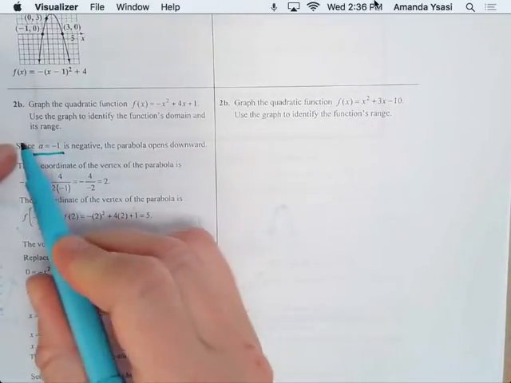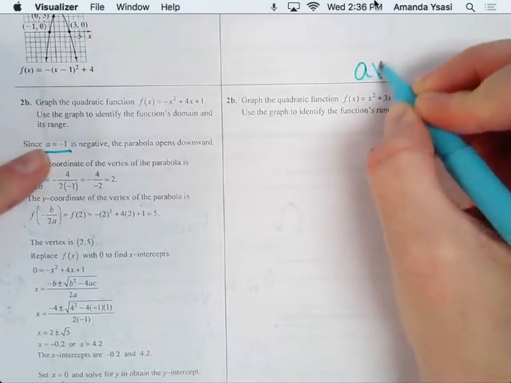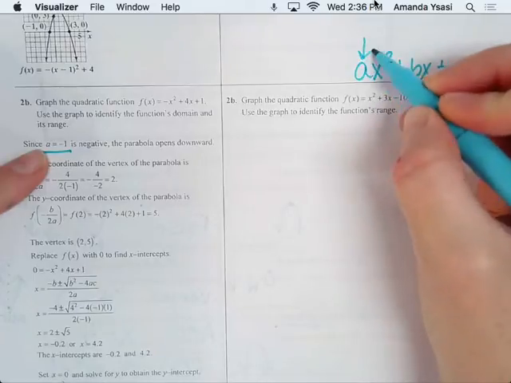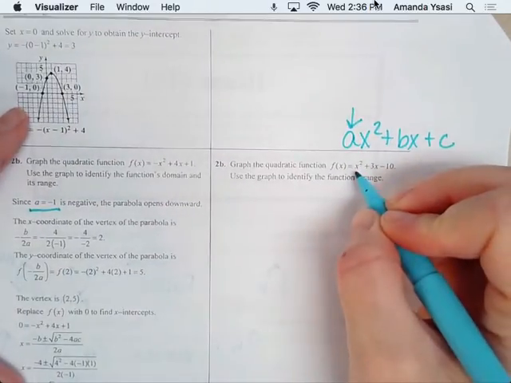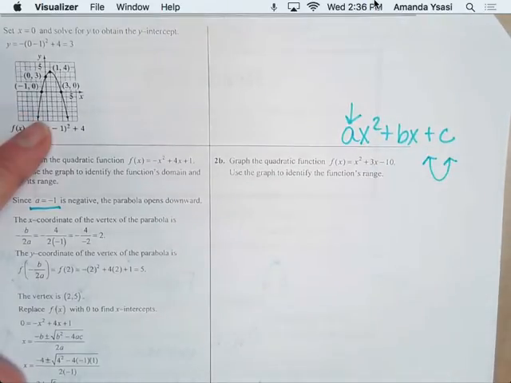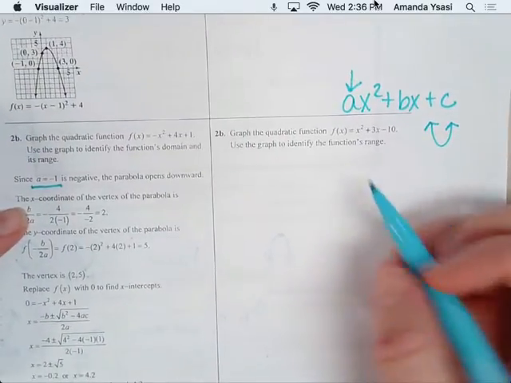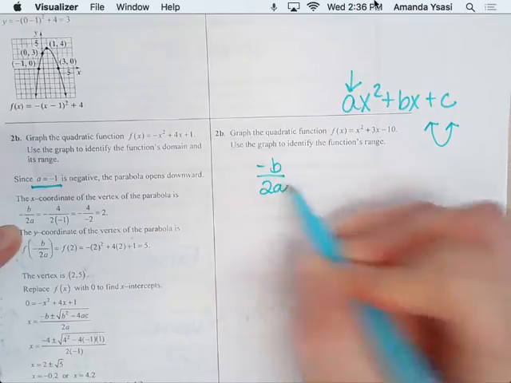On here, the first thing they did was they found a, and it's ax squared plus bx plus c. So our a tells us if it opens upward or downward. So this one is upward, so it's going to go like that. And then to find the x coordinate of the vertex, it would be negative b over 2a.